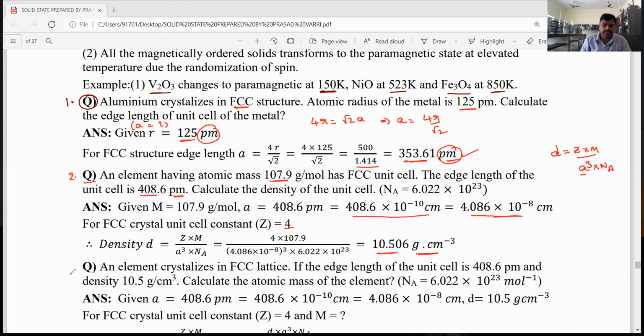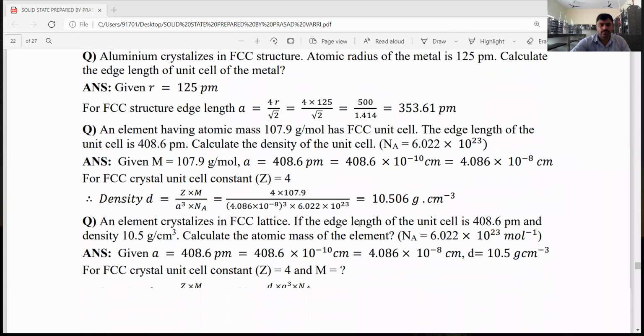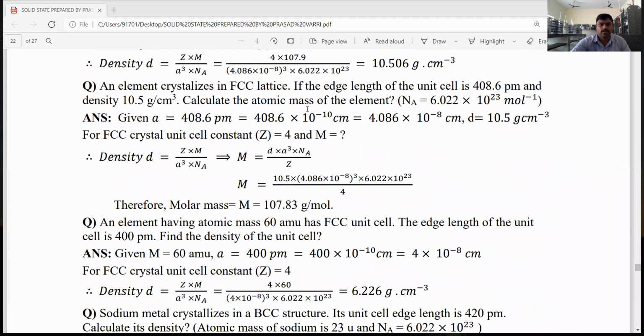Okay, dear students, let's see the third question. Let's see what the given third question is.